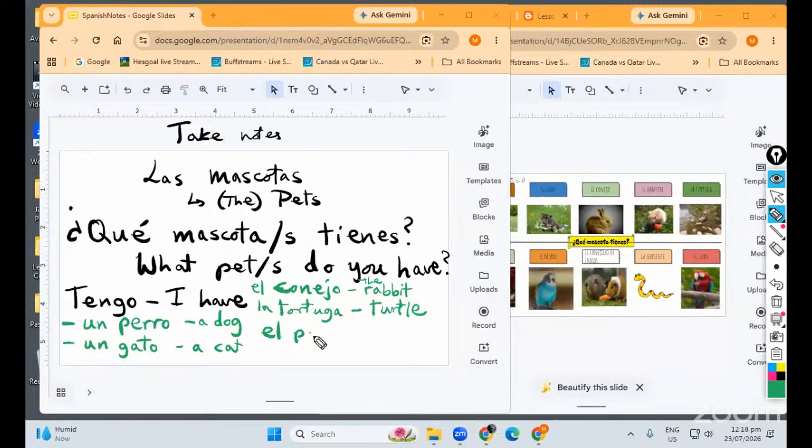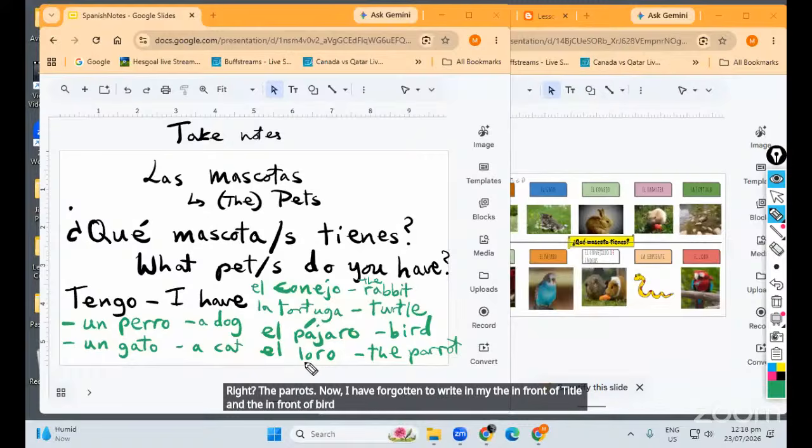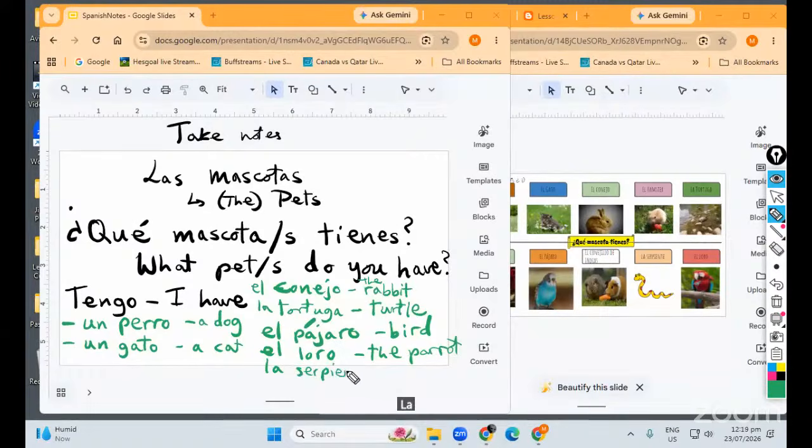El pájaro, we are translating as bird. And el loro, we are translating as parrot. Right? The parrot. Now I have forgotten to write in the in front of turtle and the in front of bird. You could put yours in, right? Snake, la serpiente, the snake.